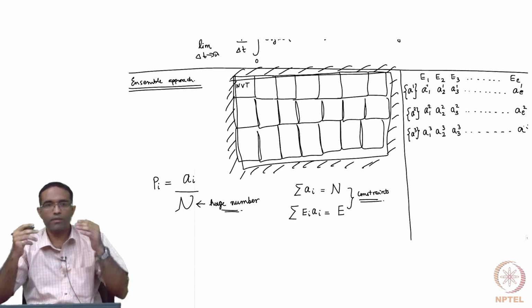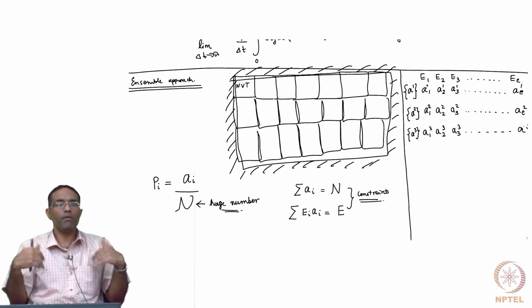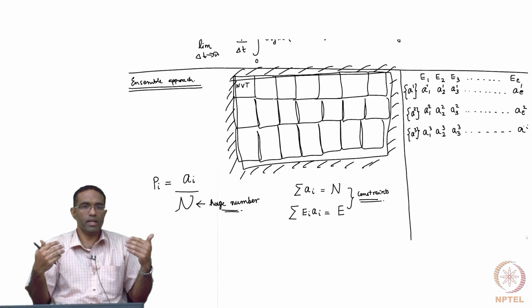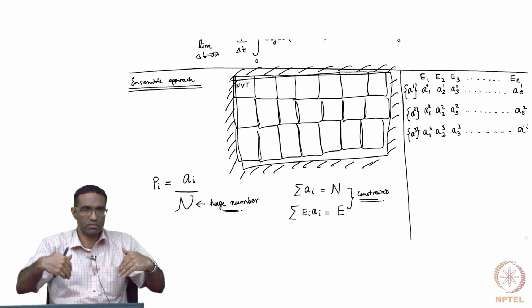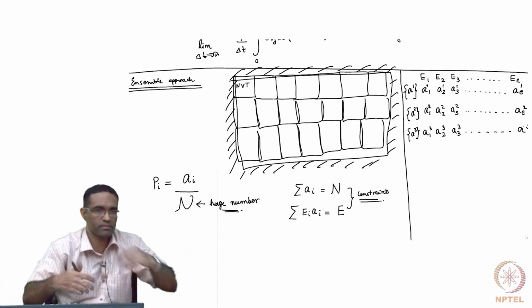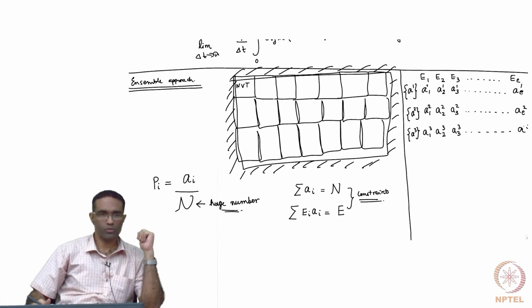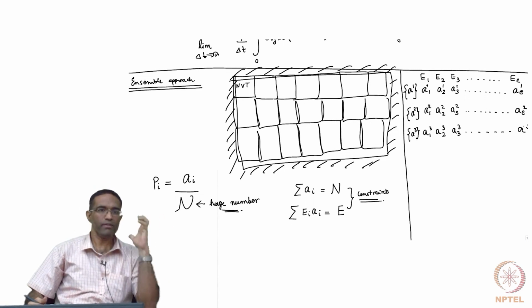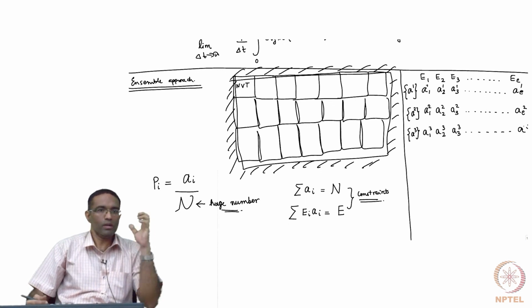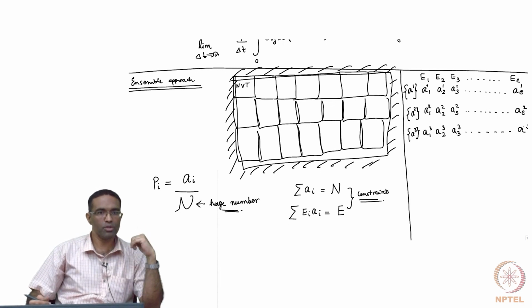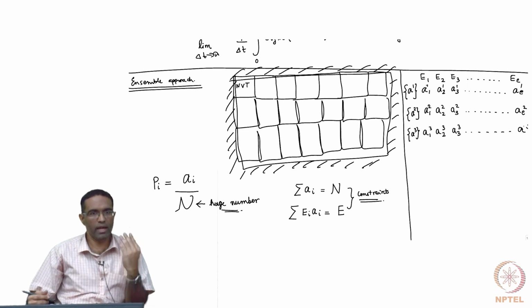Subscript is a suffix i, meaning the number of systems with energy E1 in the first distribution. So I can have 5 systems at energy E1. In another distribution I can have only 4 systems at energy E1.